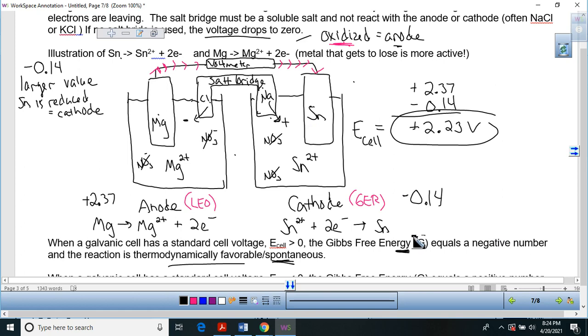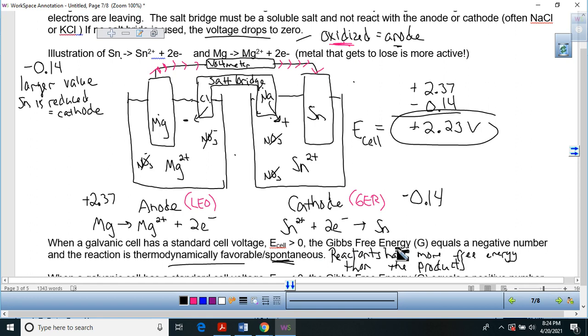So if it has a negative Gibbs free energy, the reactants have more free energy than the products. That's why it's a spontaneous reaction, because the reactants have more free energy.